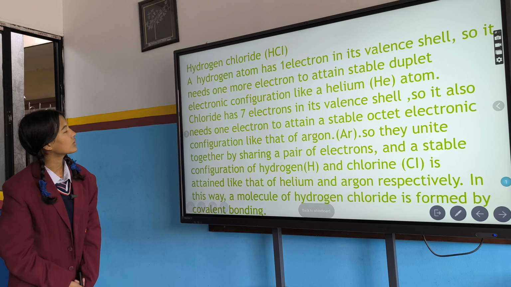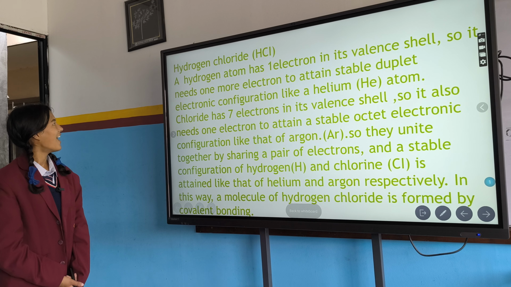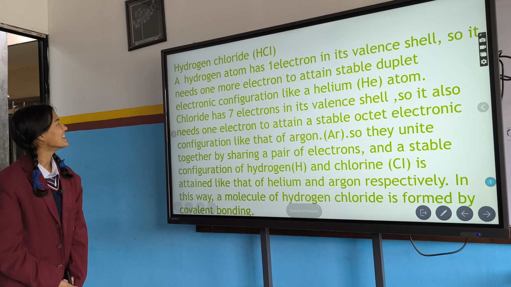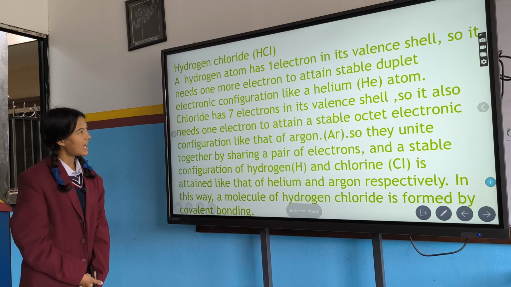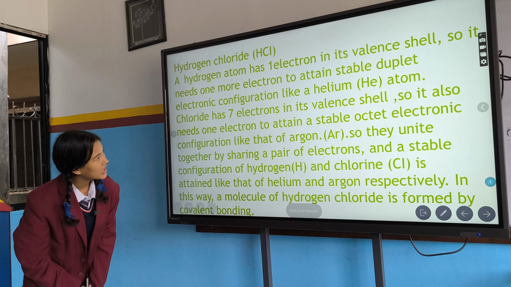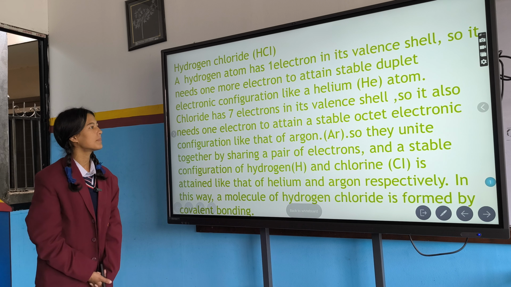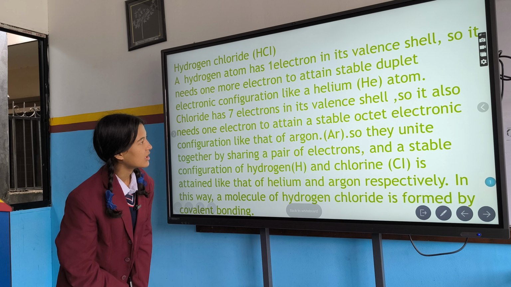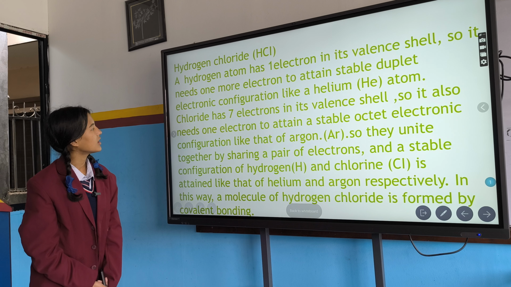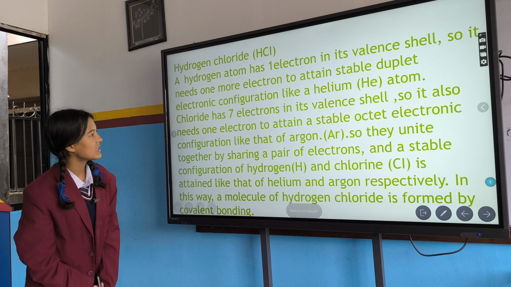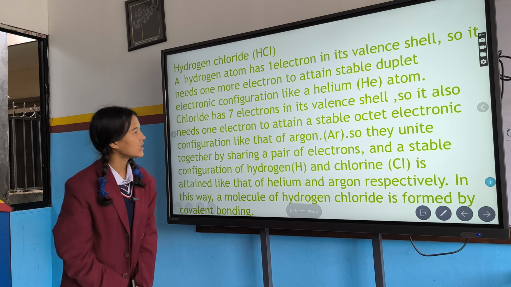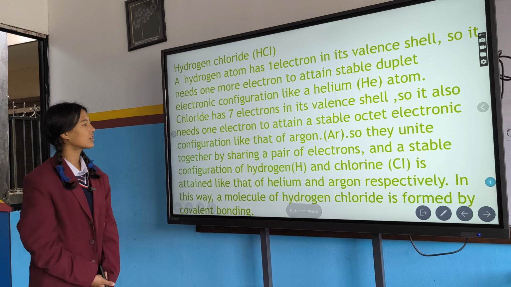Hydrogen chloride. A hydrogen atom has 1 electron in its valence shell, so it needs 1 more electron to attain a stable duplet electronic configuration like helium. Helium is denoted by He, capital H, small e. Chlorine has 7 electrons in its valence shell, so it also needs 1 electron to attain a stable octet electronic configuration like that of argon.